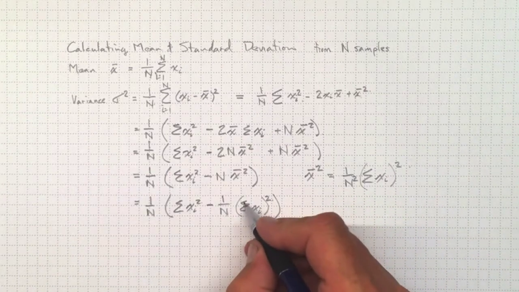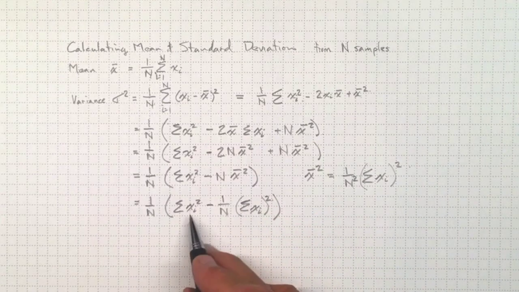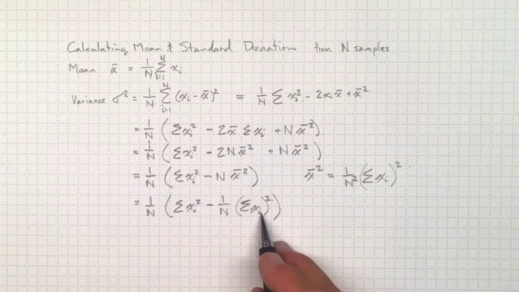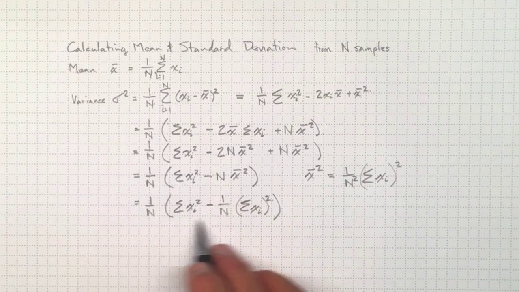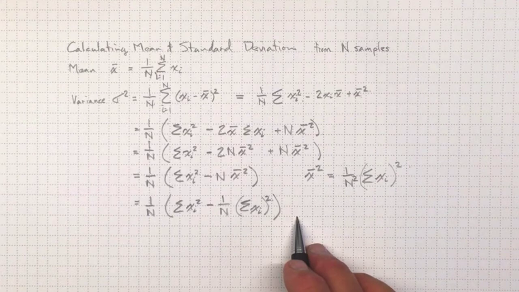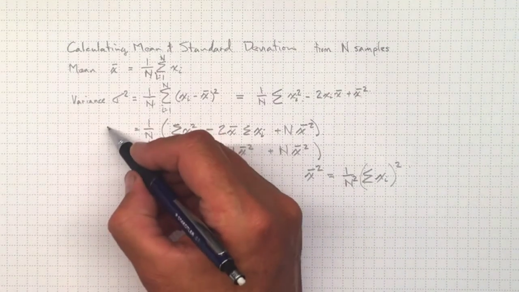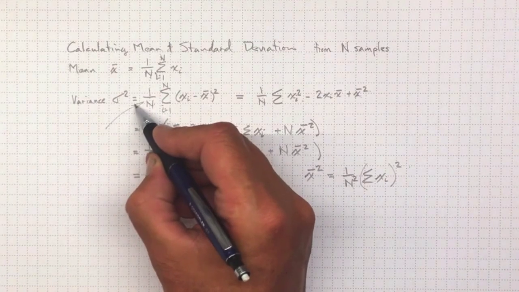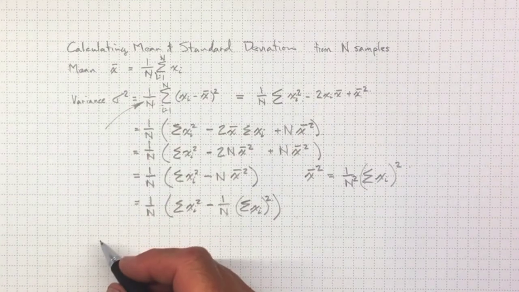And that's something that's easy to calculate if we just keep a running total of what's the sum of the squares and what's the sum of the individual samples. So we can do that as we keep on running through and getting more and more samples. Now it's important to note that that n value there, that's for a population variance.